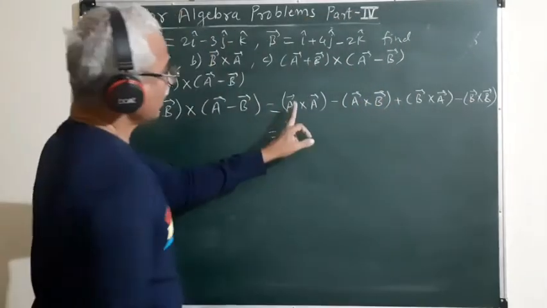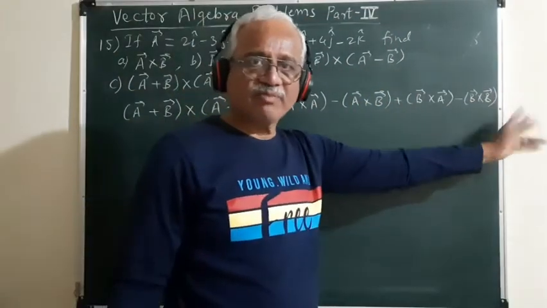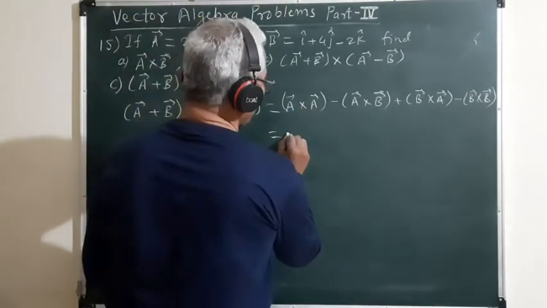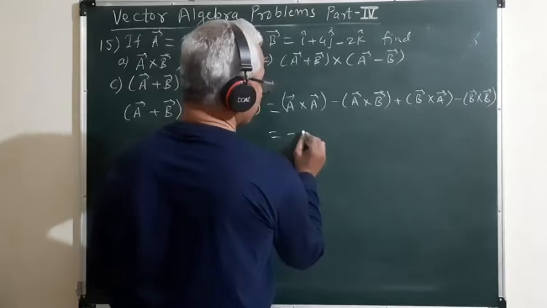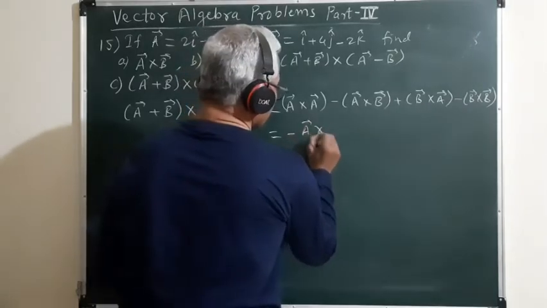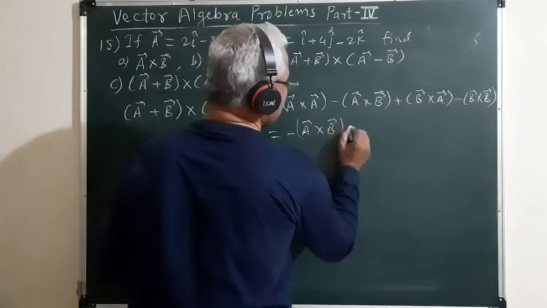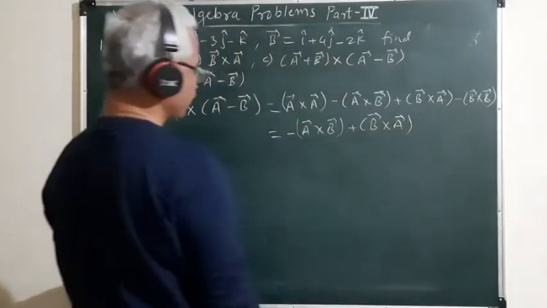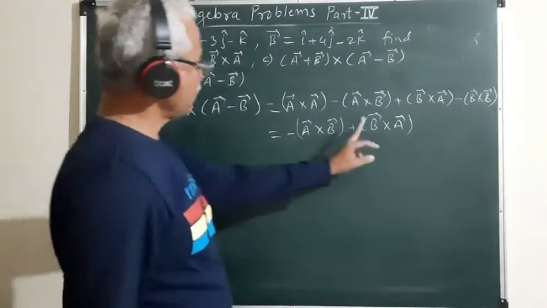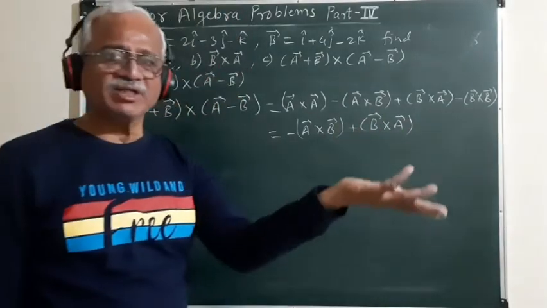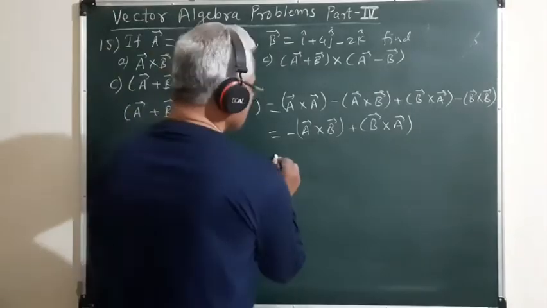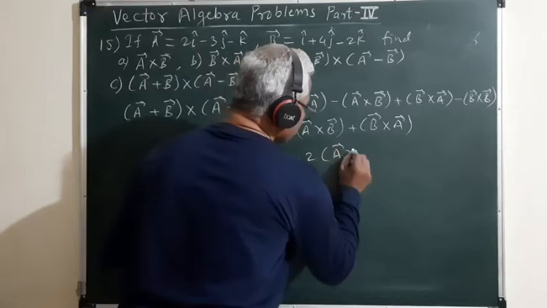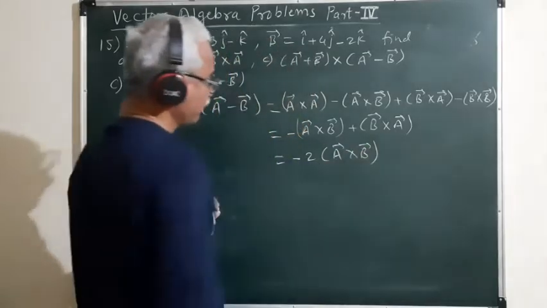So here a bar cross a bar and b bar cross b bar are 0. So this is nothing but minus a bar cross b bar plus b bar cross a bar. As we know, b bar cross a bar is nothing but minus of a bar cross b bar. So this is equal to minus twice a bar cross b bar.